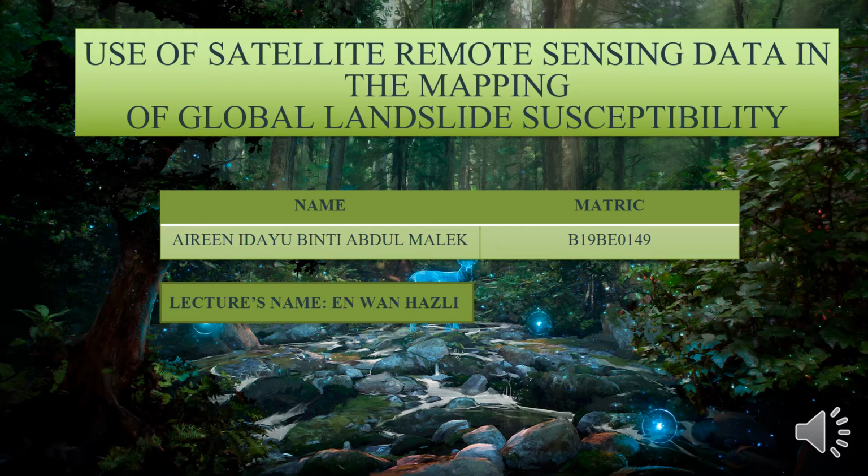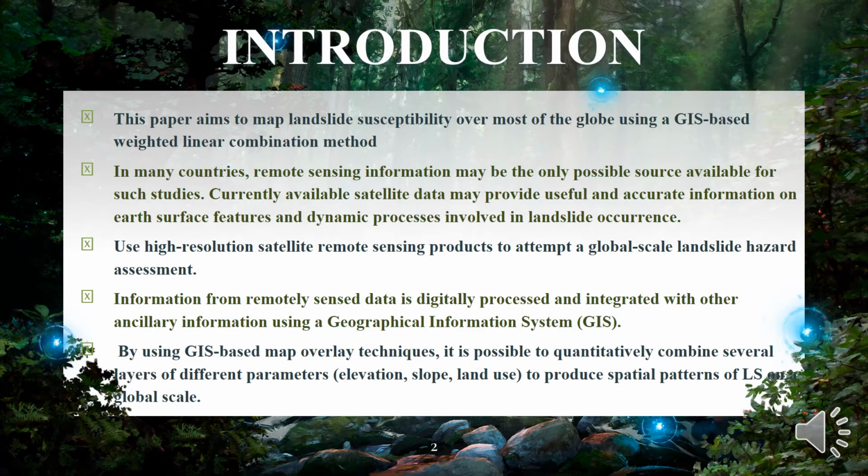B19BE0149. So today I will be presenting the use of satellite remote sensing data in the mapping of global landslide susceptibility. First, introduction. This paper aims to map landslide susceptibility over most of the globe using a GIS-based weighted linear combination method.